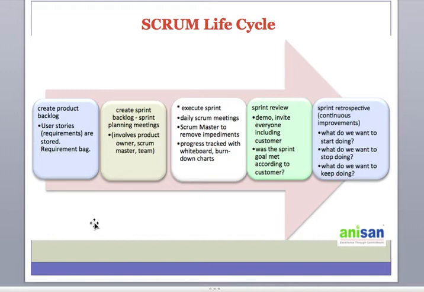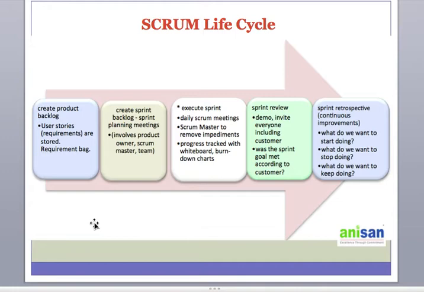During the sprint, you have daily scrum meetings, and that's a stand-up meeting. Those are informal meetings, and it can be at the desk, in the meeting room, or anywhere. Those are the scrum meetings, and then you have a scrum master to remove the impediments.